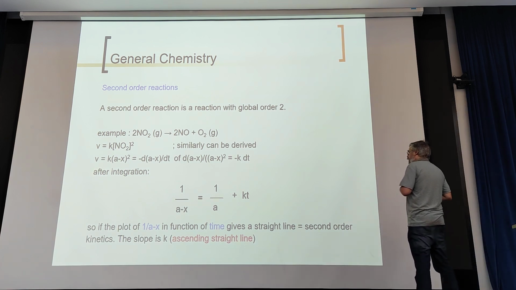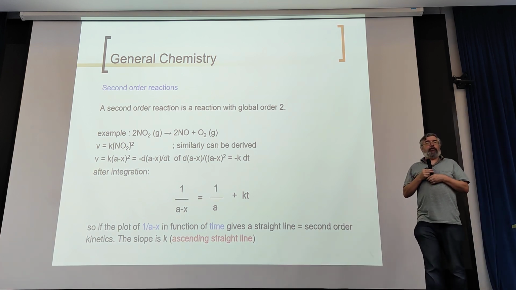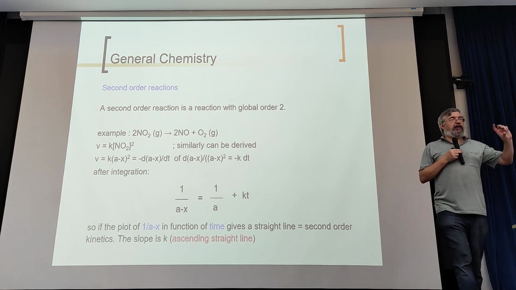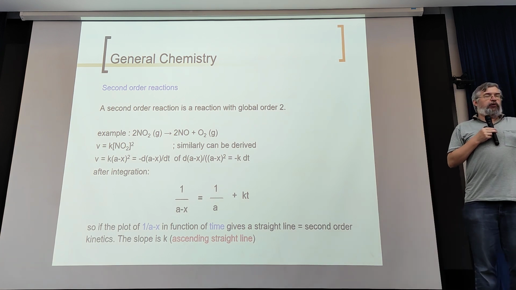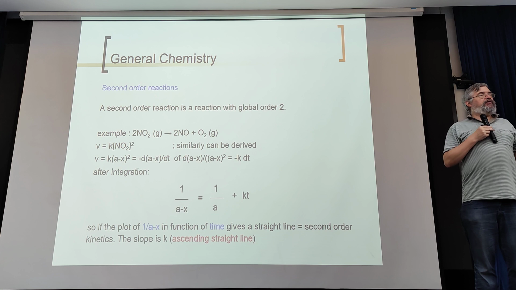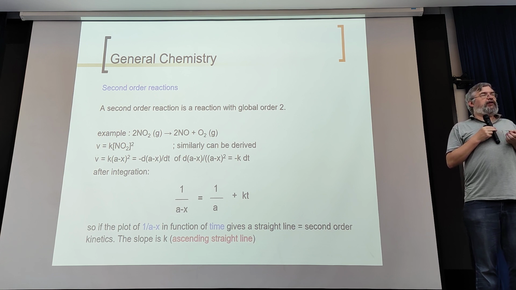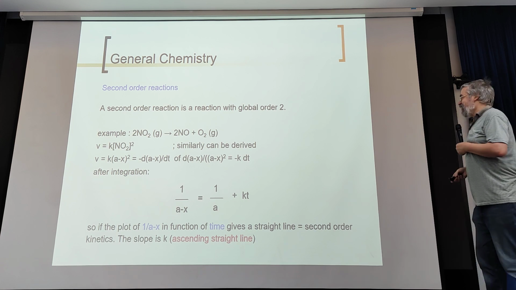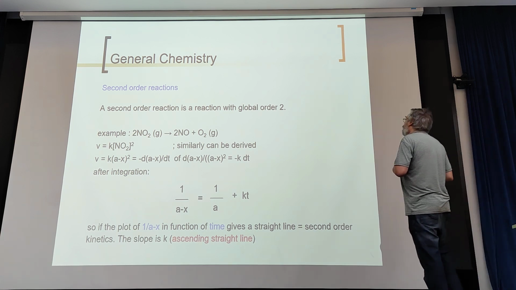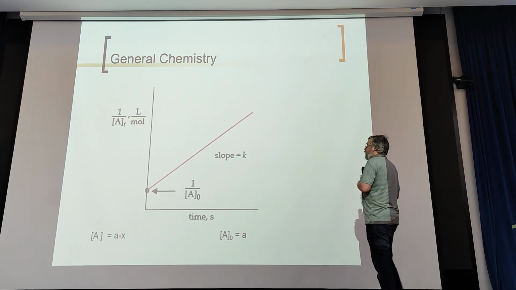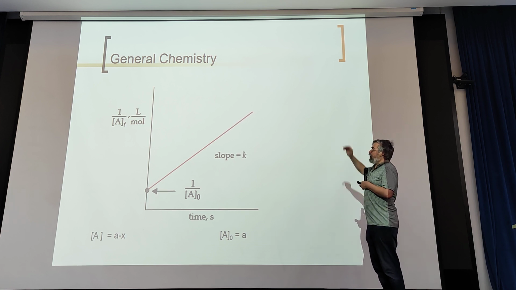A straight line, ascending. So that means now we are plotting the data in a reciprocal way. We see if there's a straight line through it. If it is, we can conclude it's a second order reaction. So for instance, like that, you see ascending.